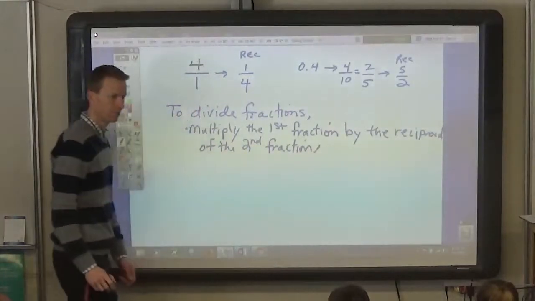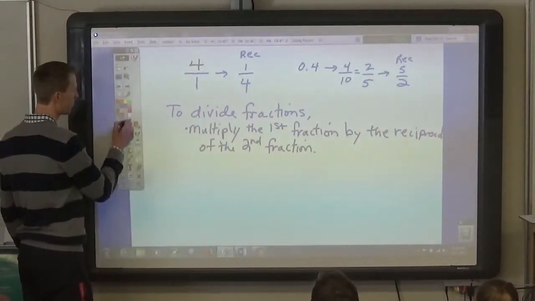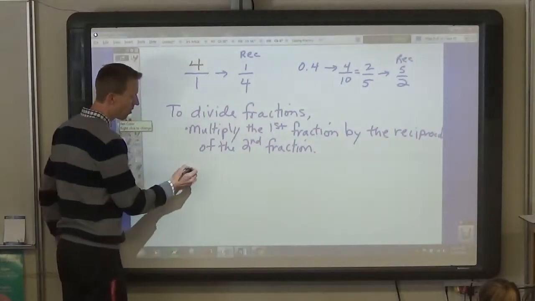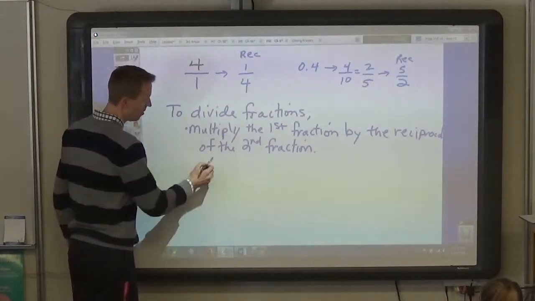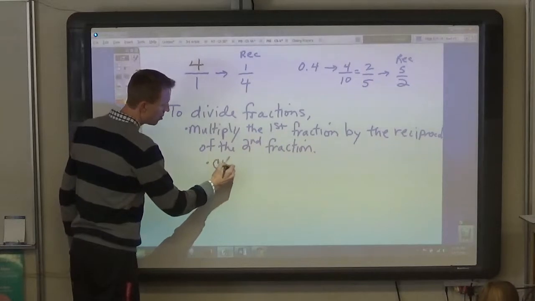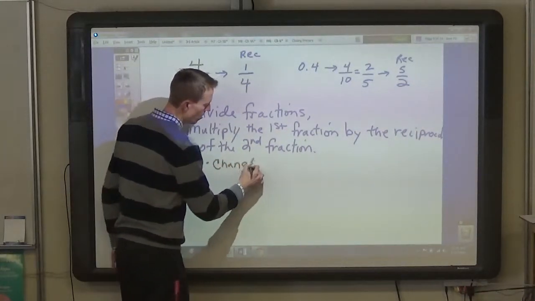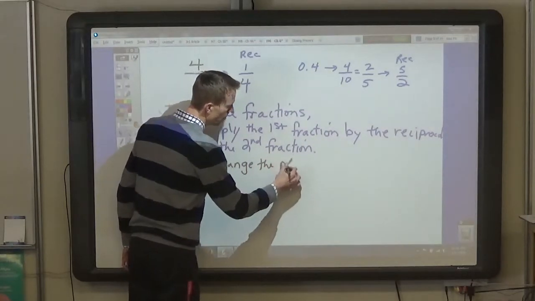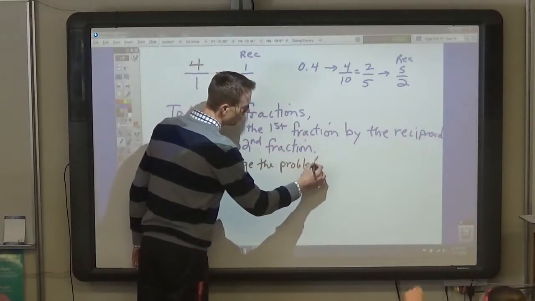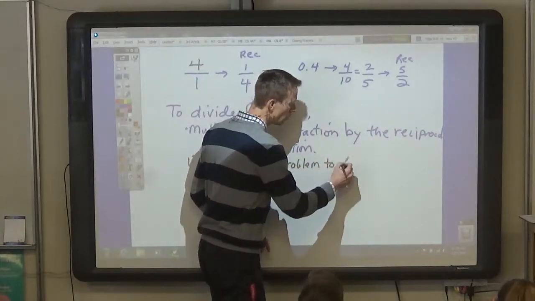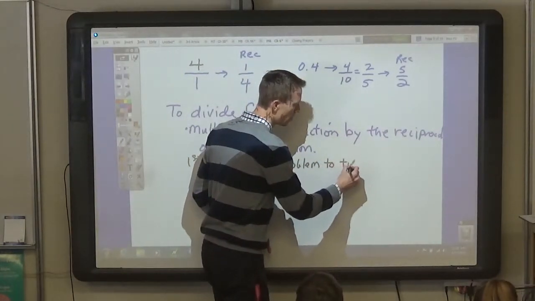So we have to first change the problem from division to multiplication, to times.